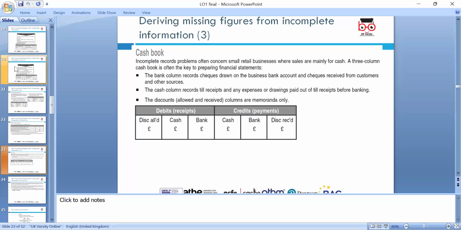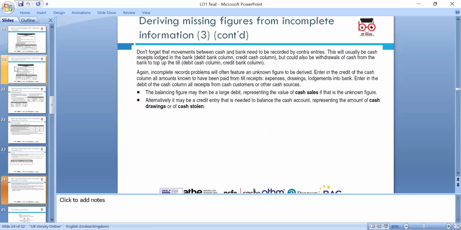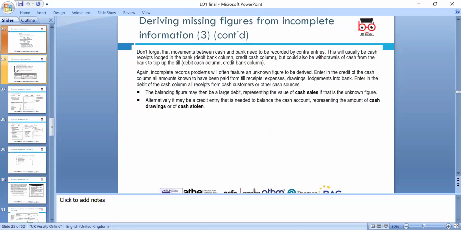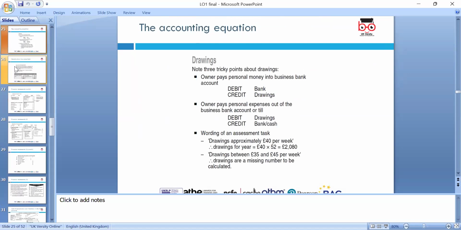Deriving the missing figure from incomplete information, like cash, bank and the bank reconciliation. That's why we're doing it, and we can make adjustments accordingly. So it's always good to think about the accounting equation. Assets equal liabilities plus capital, but assets minus liabilities become net assets, and net assets always equal the equity figure.